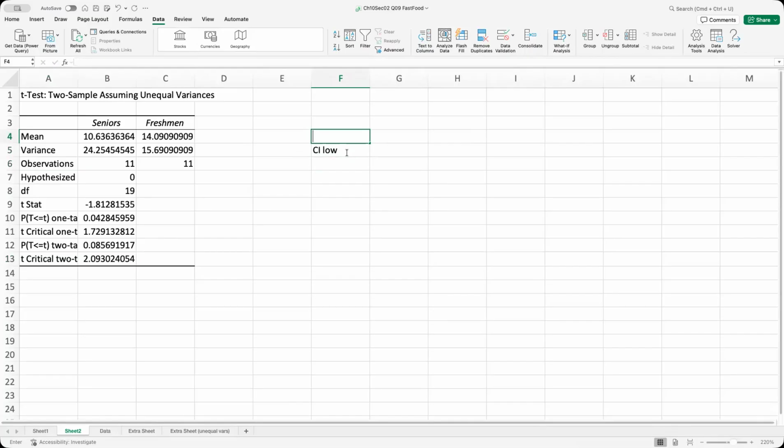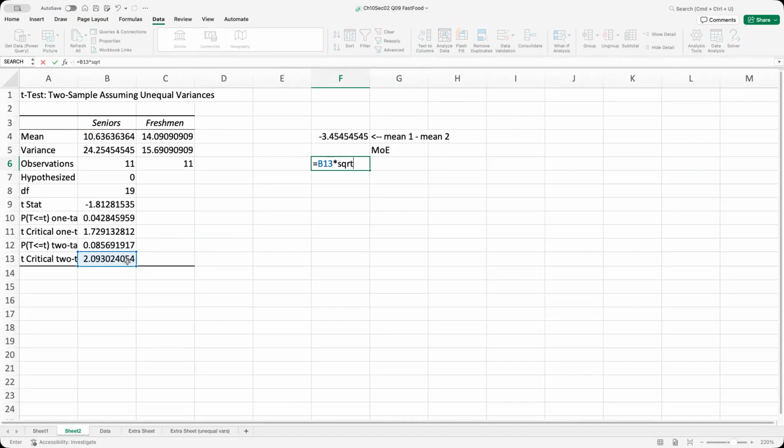Okay, wait a minute. I need the difference. X1 minus X2, right? 3.5. That was our difference in averages. Let me do the margin of error. So the margin of error is T alpha over 2 times what?